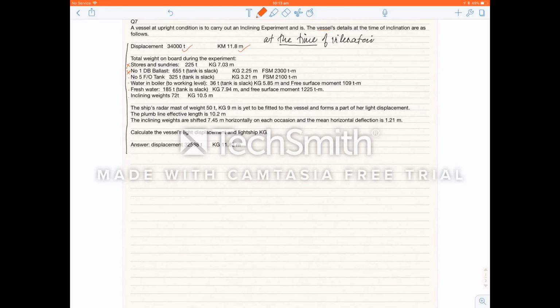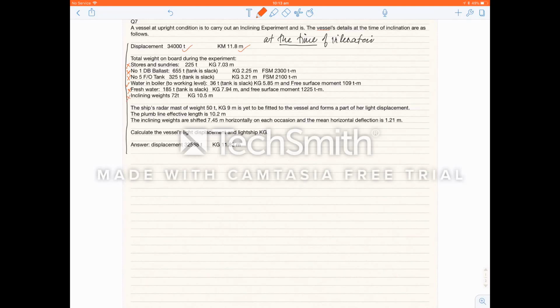Fuel oil tank, 325 tons, not a part. Water in the boiler to working level is a part of light ship, so leave it as it is. Fresh water by itself, 185 tons, not a part of light ship. Inclining weights is not a part of light ship.